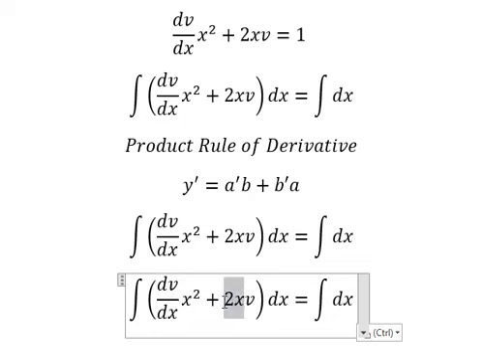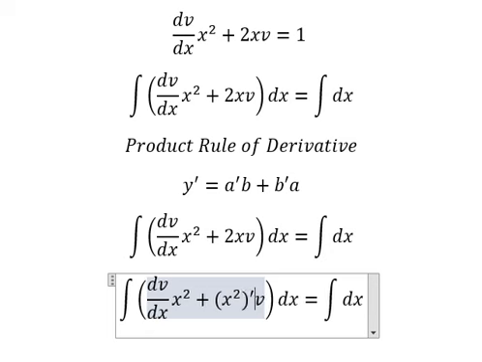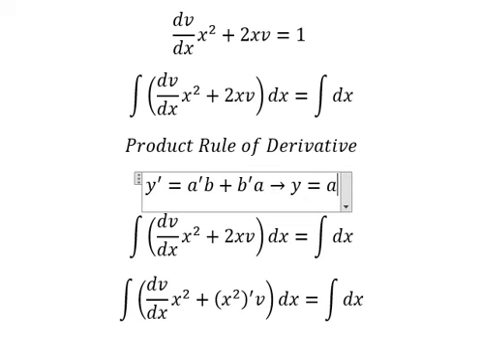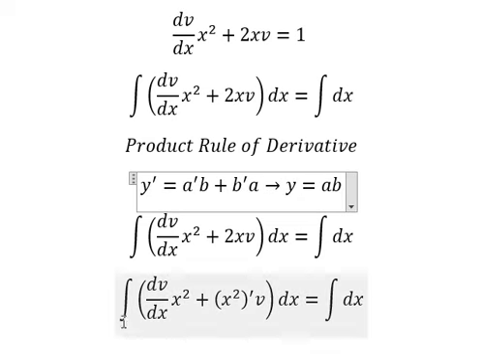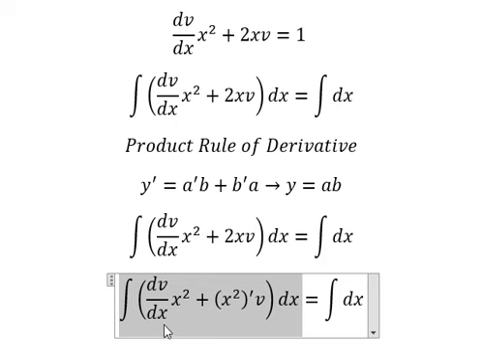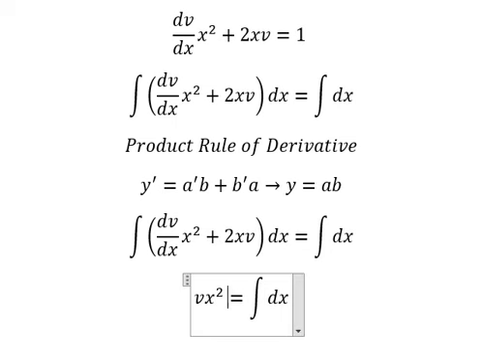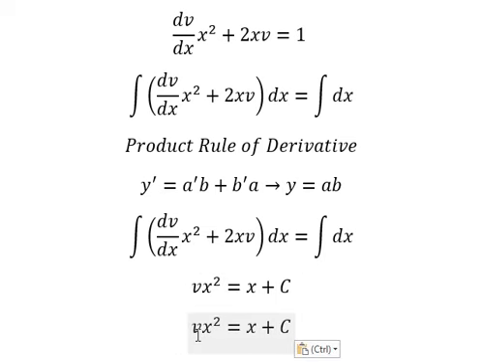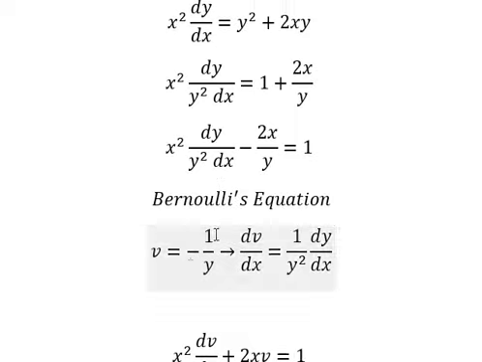This one we have the first derivative of b multiplied by a. So the integration of this one, we have y equals ab. So the integration of that one, we have v s squared. This one we have s, and I will put c. About v, that is this one.